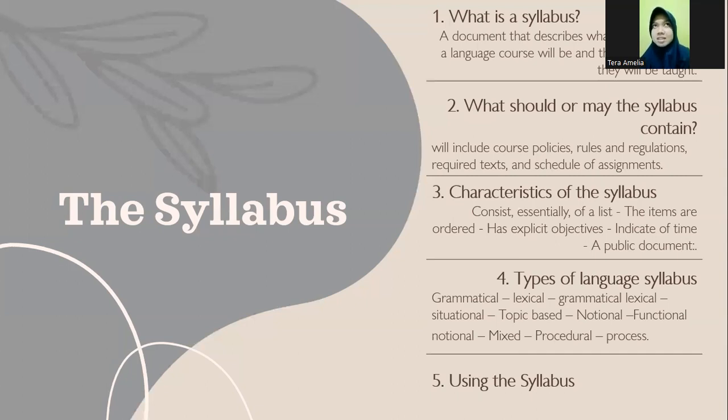And the last is that a syllabus is a public document available for examination and analysis. So a syllabus is not only for the teachers, but also for consumers such as students, parents, and employers. Okay, that's about the characteristics of a syllabus.